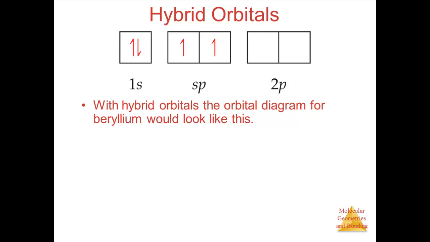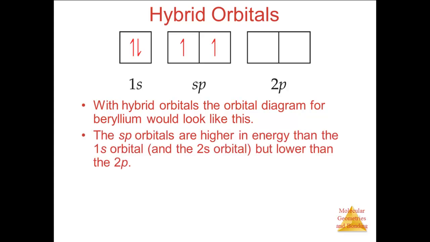The new orbital diagram would look like this. In addition to mixing the directionality of the s and p orbitals, creating the hybrids also mixes the energies of the two original orbitals. So the resulting energy is the average of the two. So we would have two sp hybrids of equal energy.